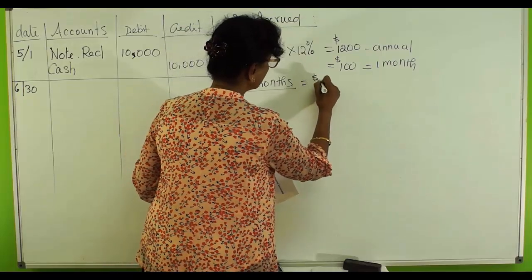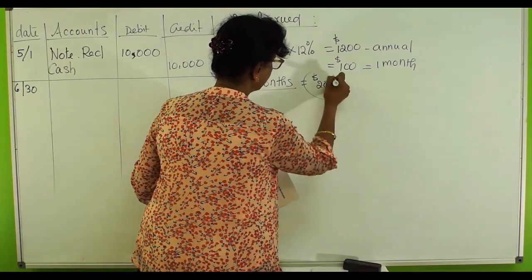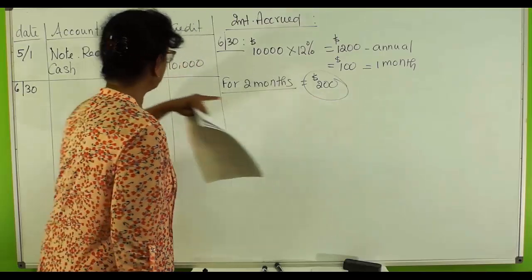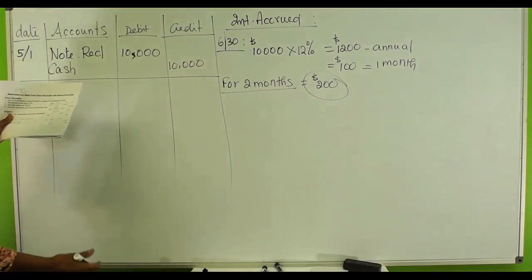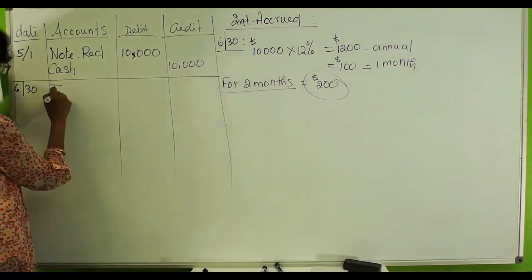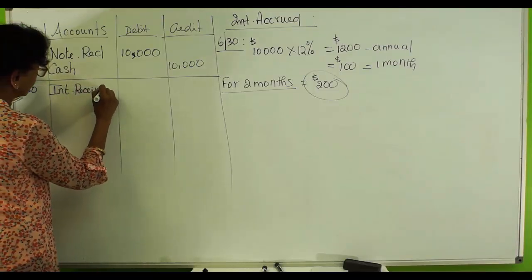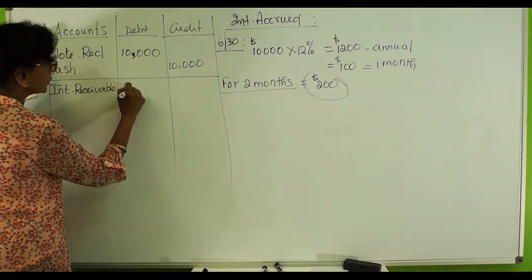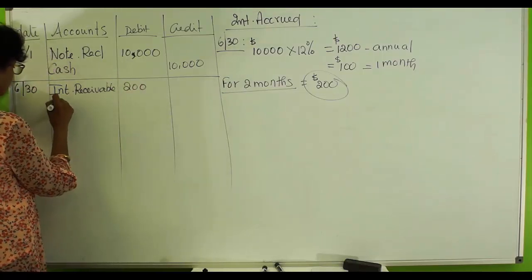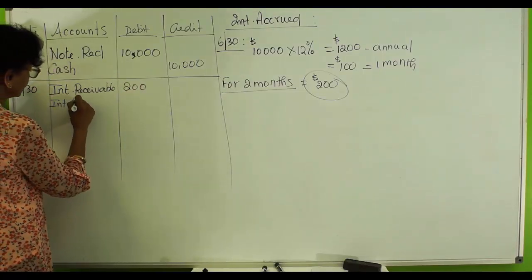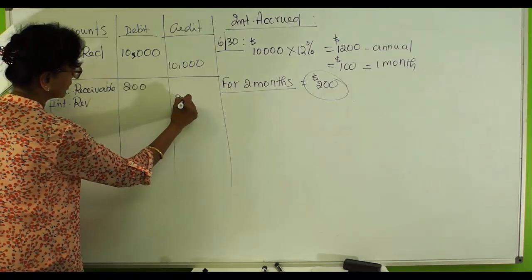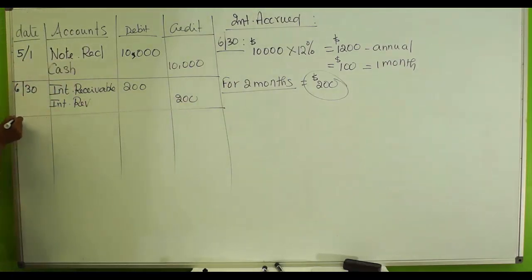So it will be $200. So this is the interest accrued from May 1st to June 30. So here you debit interest receivable 200 and credit interest revenue or interest income 200.